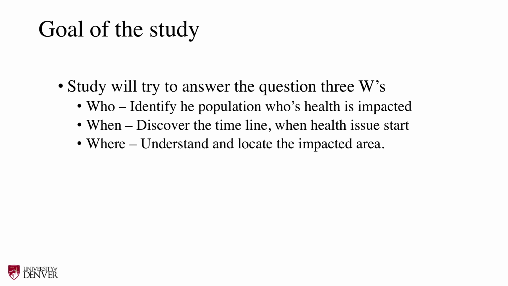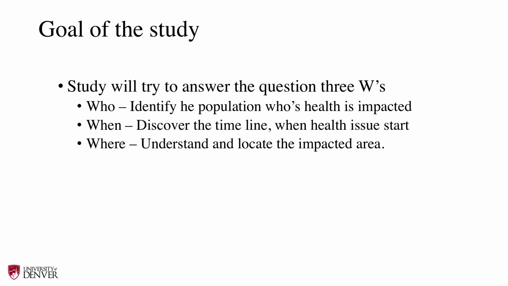Second, we'll move on to the when. We'll try to understand when this problem started. Did the problem start right after the chemical plant was established and functioning, or was this problem happening before and it just started to appear more rapidly once the plant started to function?